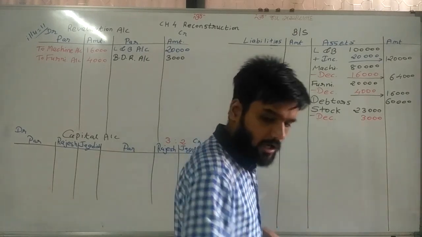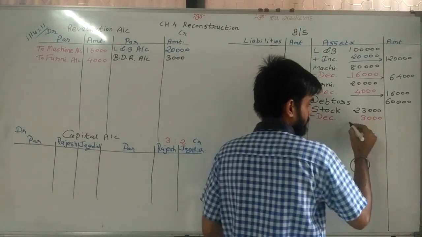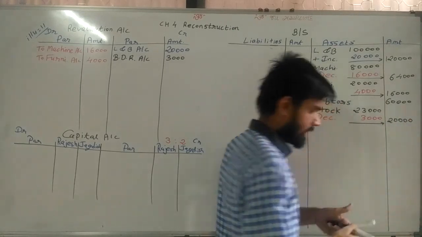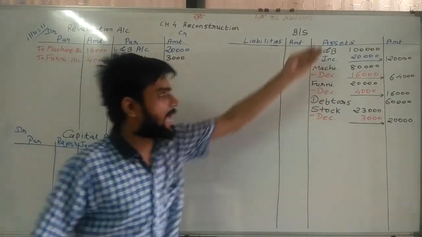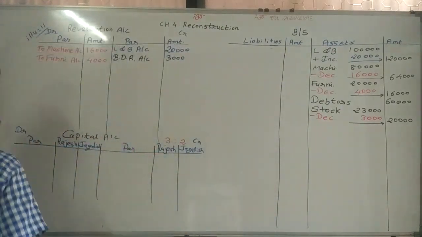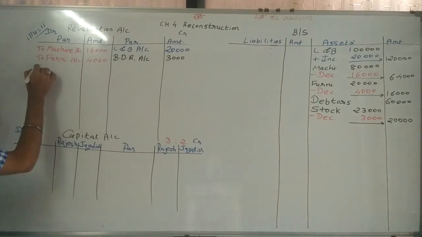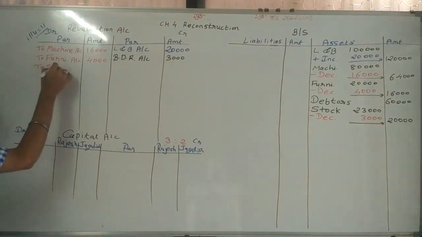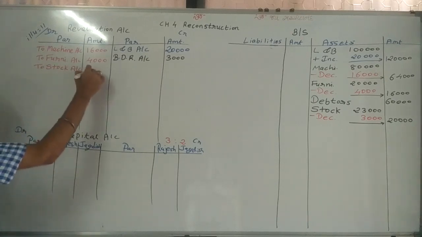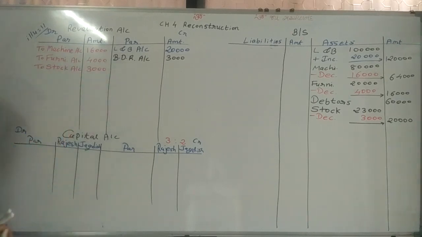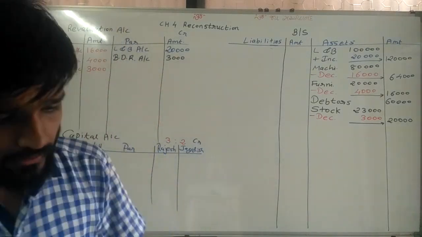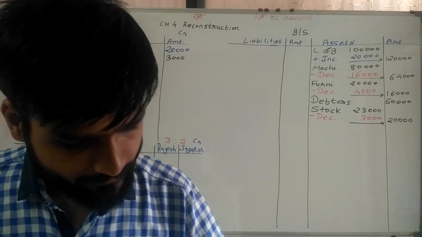Writing in the outer column, 20,000. Again, sir, asset decreases, sad. So we have to write it on the debit side, to stock account, and the amount is 3,000. Simple.